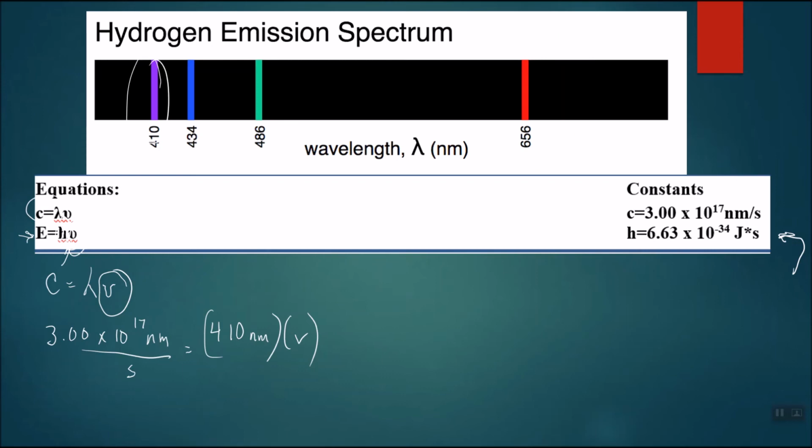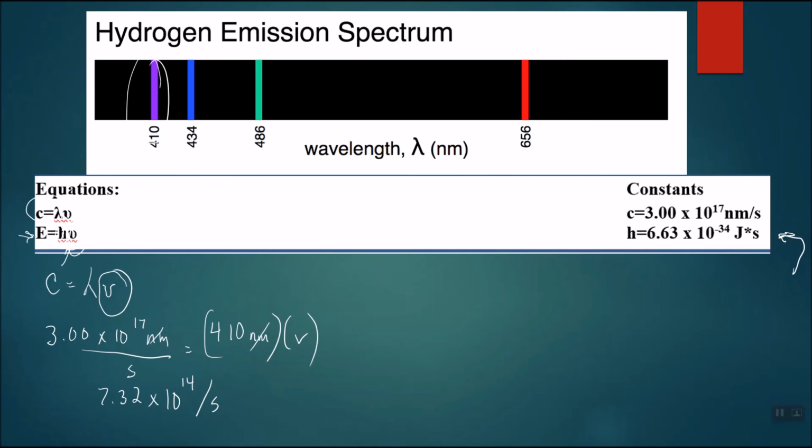So 3 times 10 to the 17th divided by 410 gives us an answer of 7.32 times 10 to the 14th per second. Why per second? Because once you divide nanometers by nanometers, the nanometers cross out, leaving you per second. That is the number of waves per second.